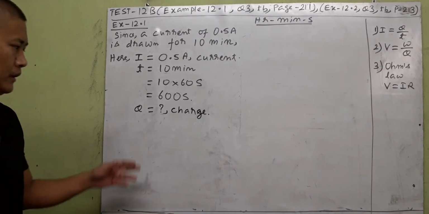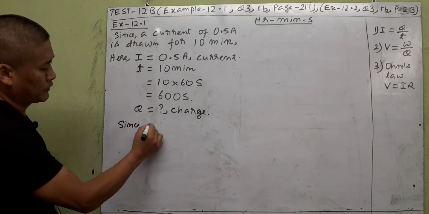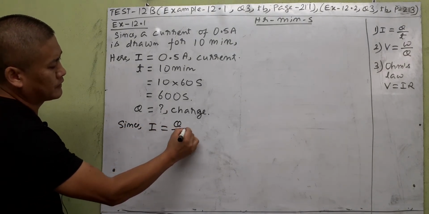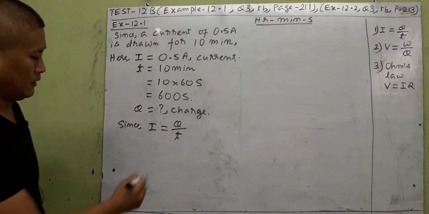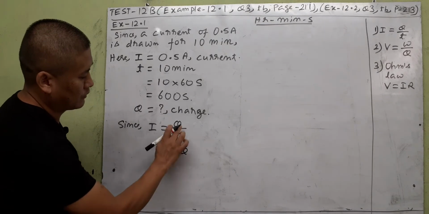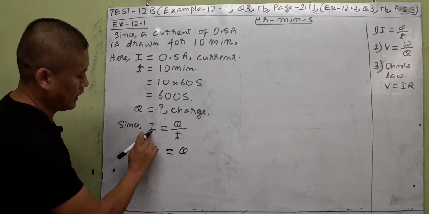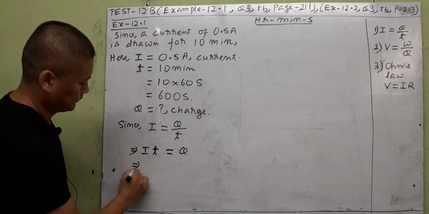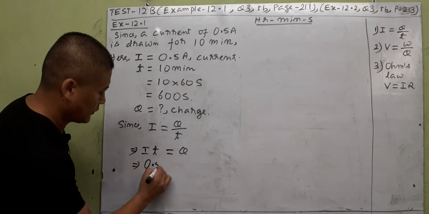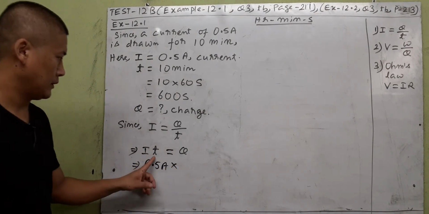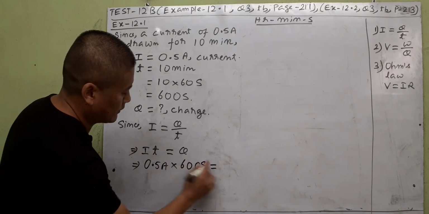Now if you use the first formula, we know current I is equal to charge transferred divided by the time taken T. I equal to Q by T. So we have to find Q, so shift this denominator, then it will multiply with I to become IT. So I here is 0.5 ampere, T is here 600 seconds, so Q is equal to it.